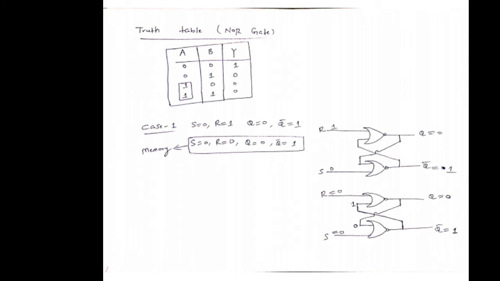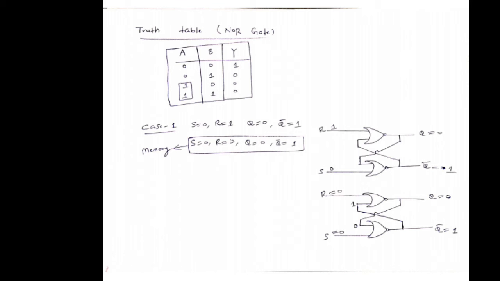Coming to the first case, if I give S equal to 0 and R equal to 1, on the right hand side of the slide the first circuit shows S equal to 0 and R equal to 1.